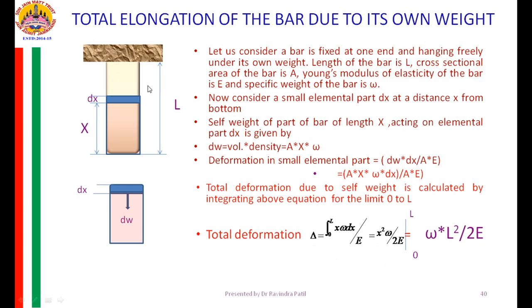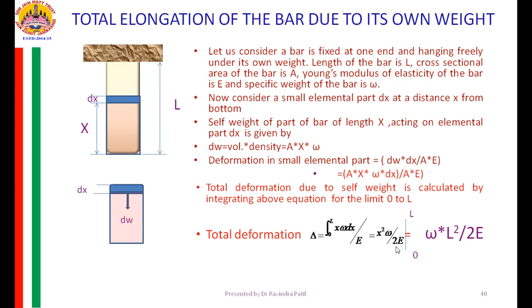Total deformation of this bar is equal to the integral of x dx. Omega and E are constant. Integration of x is x square by 2. Omega and E will remain there only. Substitute the limits.